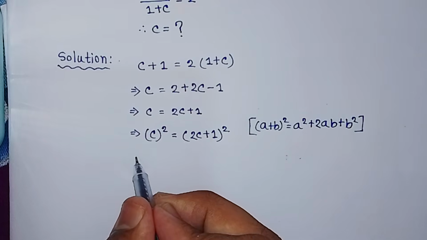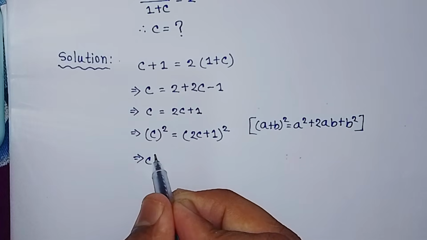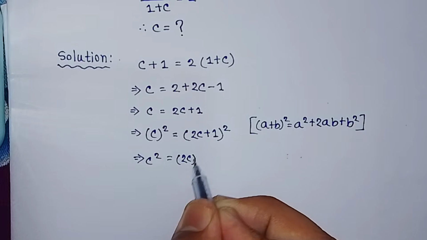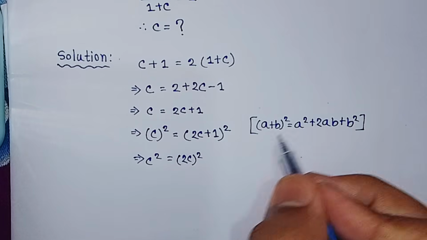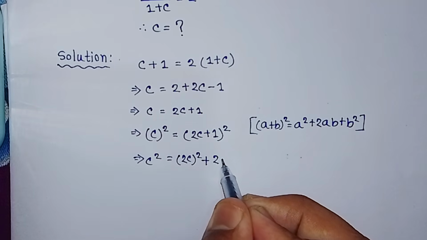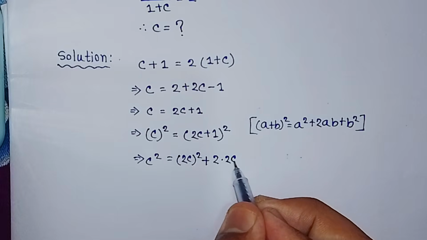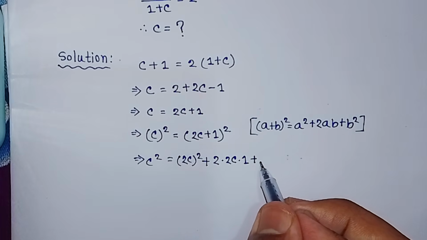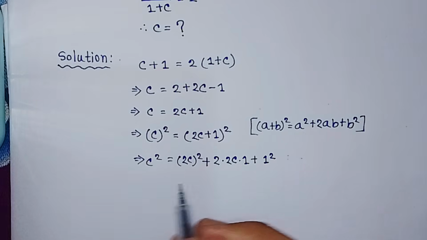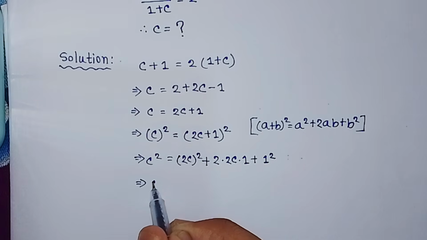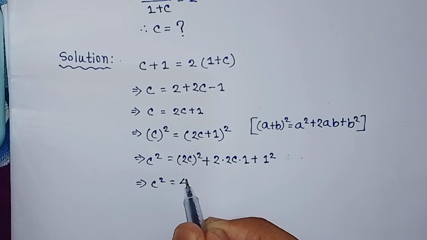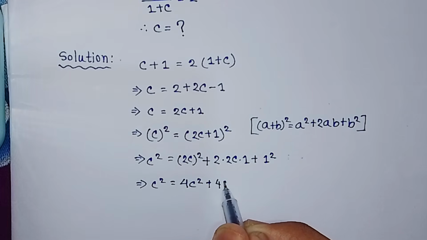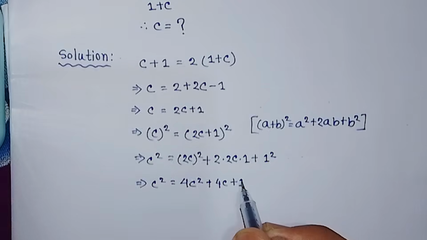Then it will look like c squared = a squared, which is (2c) squared, plus 2 times 2c times 1 plus 1 squared. Then it will look like c squared = 4c squared + 4c + 1.